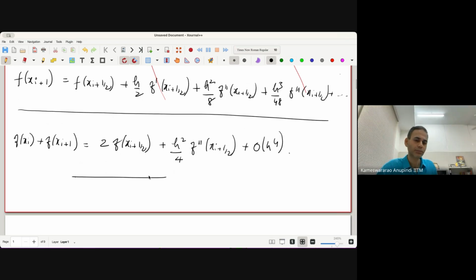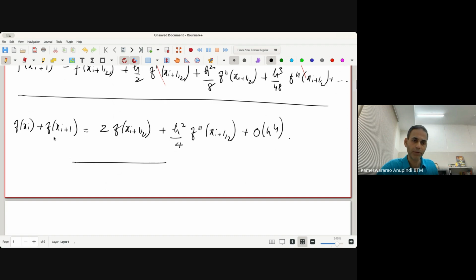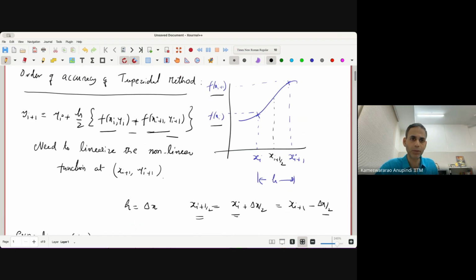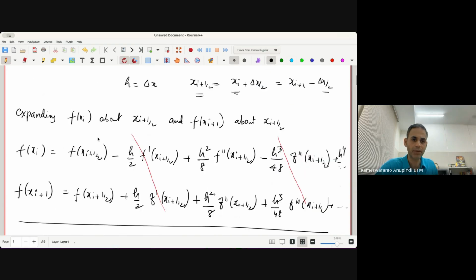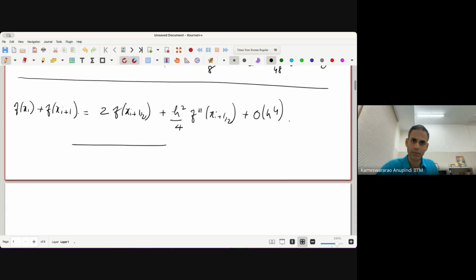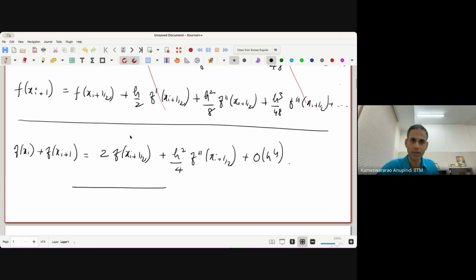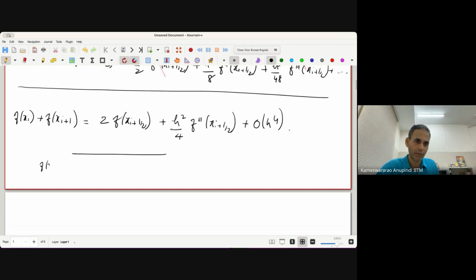But then what I have in this expression is basically f of xi plus f of xi plus 1 divided by 2, into h. So this is the term I have. So essentially my f of xi plus f of xi plus 1 by 2 is nothing but f of xi plus half plus h square by 4 f double prime xi plus half.